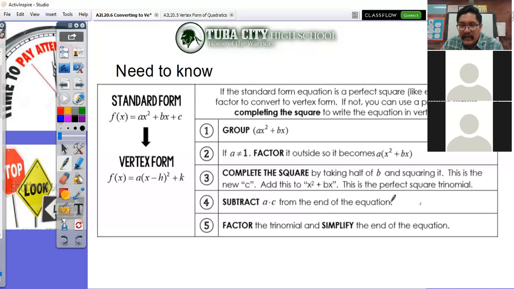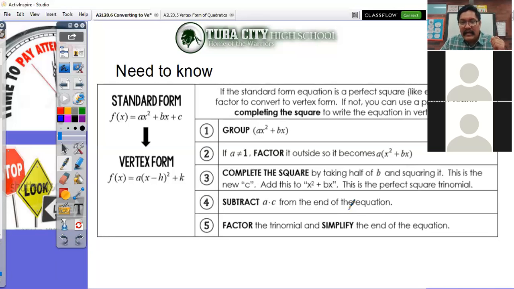And at the same time, we're going to subtract that number that we added, because if you remember, with an equation you've got to do something to both sides. You've got to keep it balanced. If you just add or subtract, then you're not working an equation. So anytime you do something, you've got to do it to both sides. It takes that same idea.